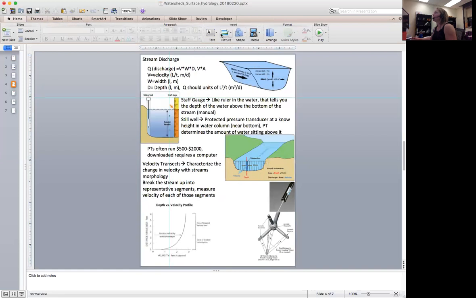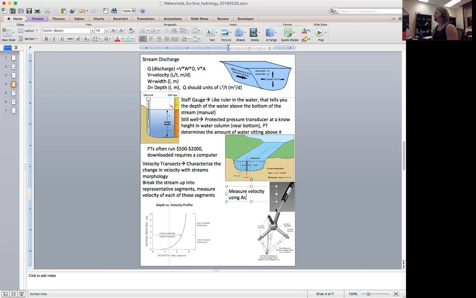So we measure the velocity using what's called an acoustic Doppler velocity meter. An acoustic Doppler velocity meter is also called an ADV. And basically what takes place, you see the acoustic Doppler velocity meter that's over here.